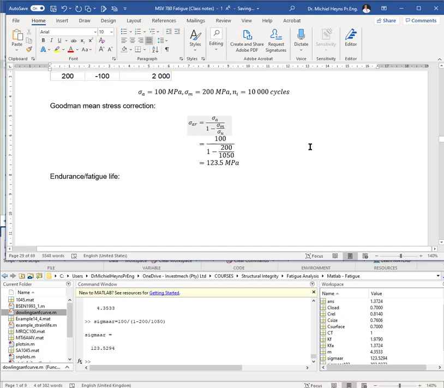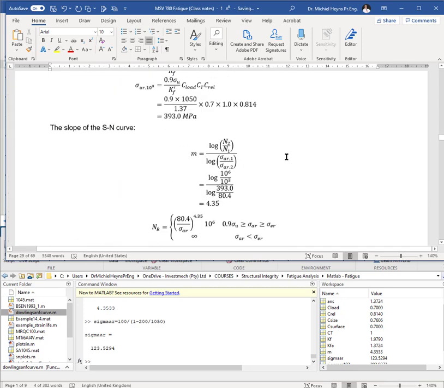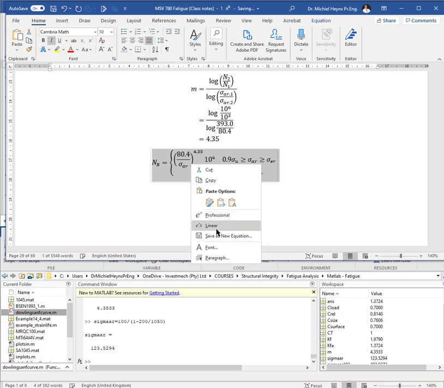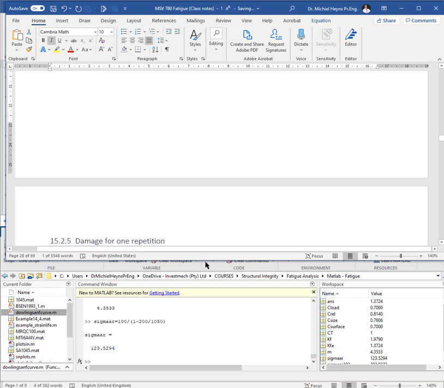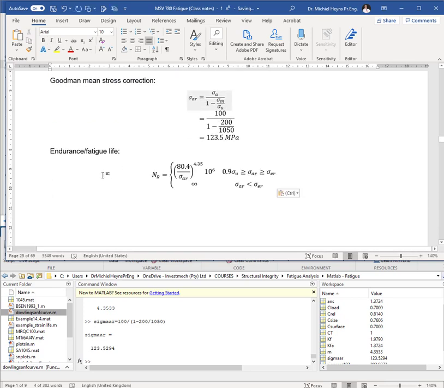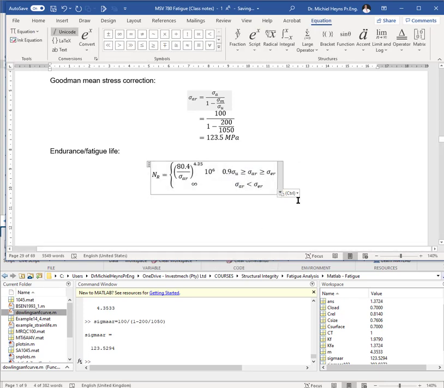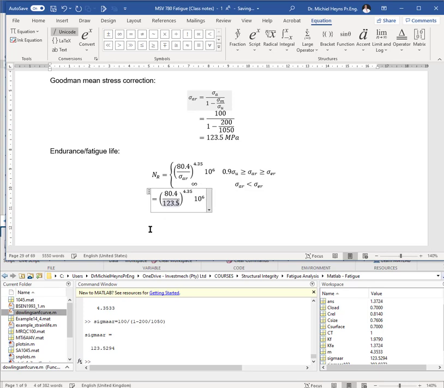The equation that we need to use now is this one here. Copy. Let's copy this into here. In this case, our stress is larger than the endurance limit, so we have this equation here, Control C, Control V, and sigma IR here at the bottom will be 123.5 MPa.